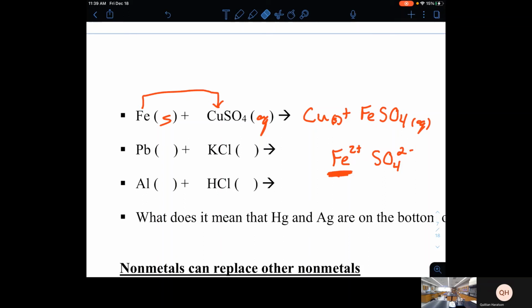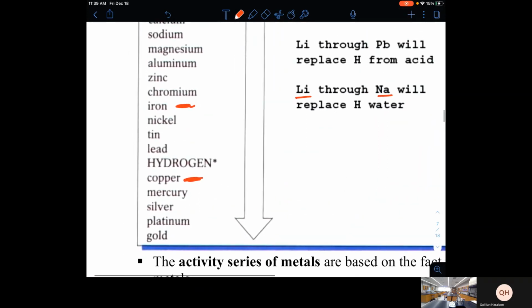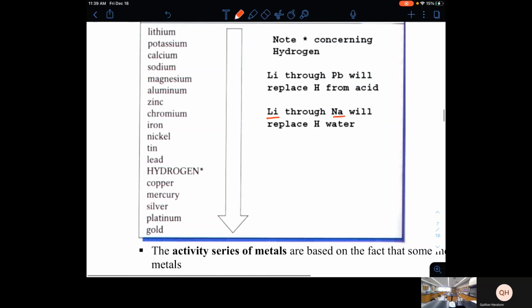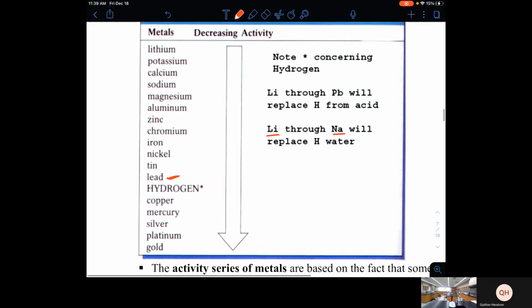If I look at the next reaction, I've got lead, and lead wants to go in here and bump off potassium. So let's see what's going to happen here. I'm going to take a look at lead and see if lead is above potassium. Lead is going to be right here, down towards, where did I lose the lead? Here you go, lead is here, and potassium is up here.